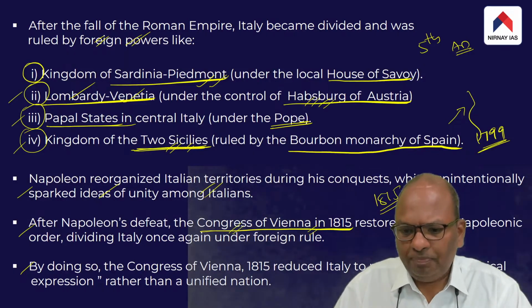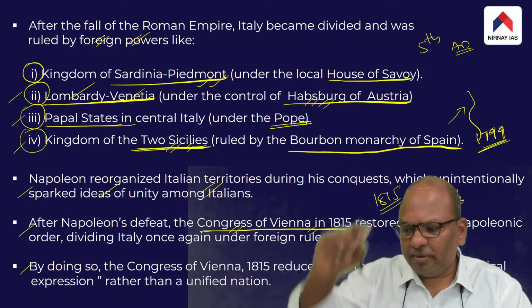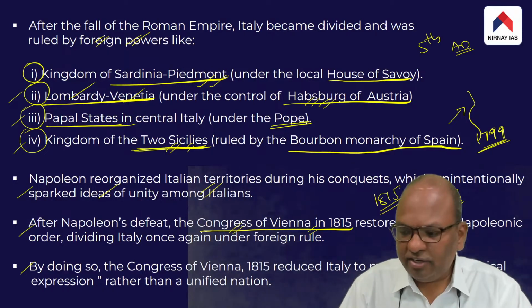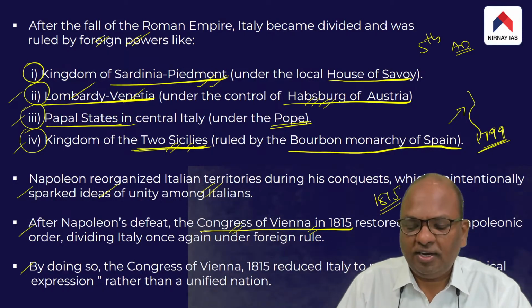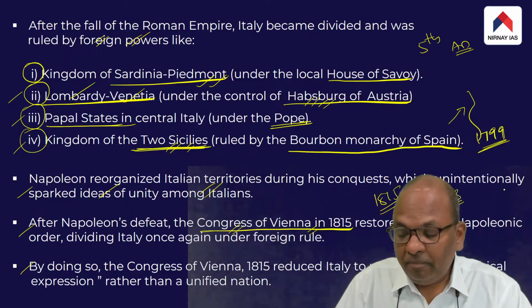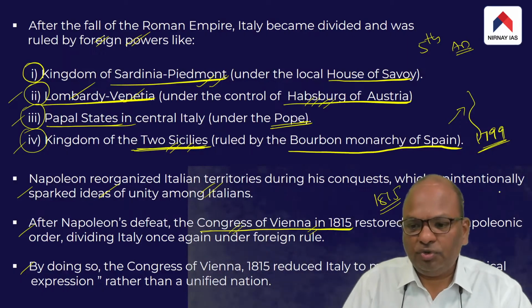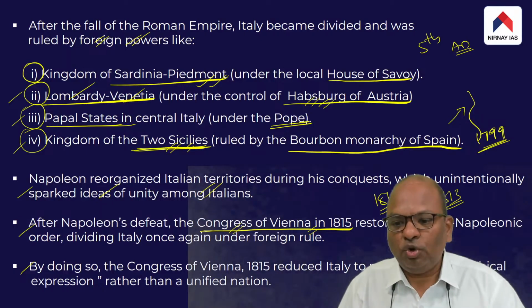By 1813, Napoleon was at the height of his power. He became very, very aggressive. So the aggressive foreign policy of Napoleon brought various continental countries of Europe together.